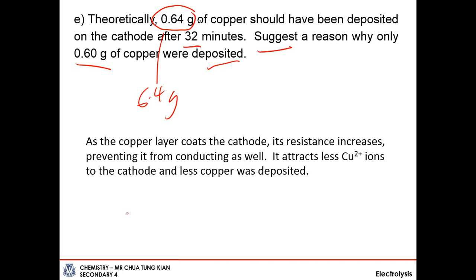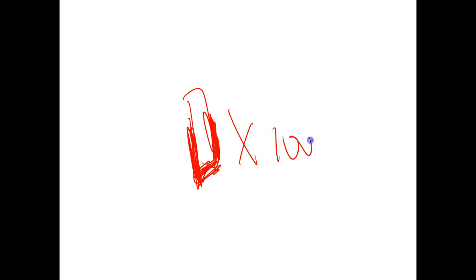The other factor is because, if you recall the picture, a copper layer actually coats the cathode. So a layer coats around the cathode, and this coating, as you can see, even from the way I draw it, cannot be 100% perfect.